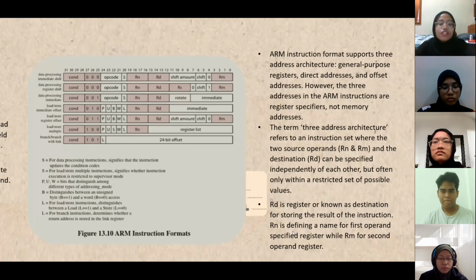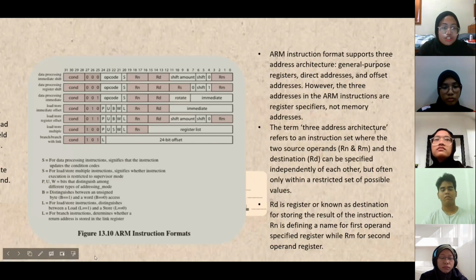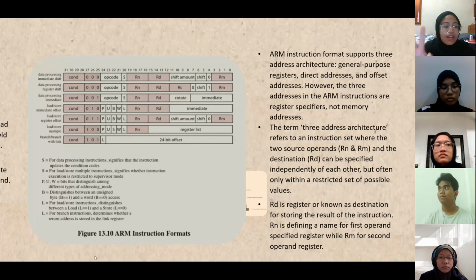So from figure 13, we can see the data processing immediate shift instructions. We can simply read from Rm, which is bits 0 to 3. And from this figure, we have 3 operands, which are Rm, Rd, and Rn.